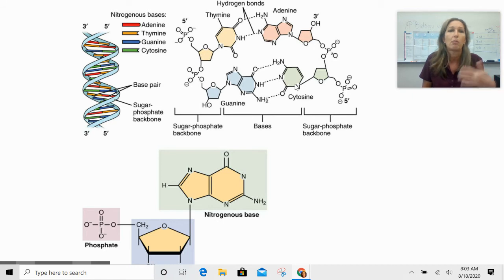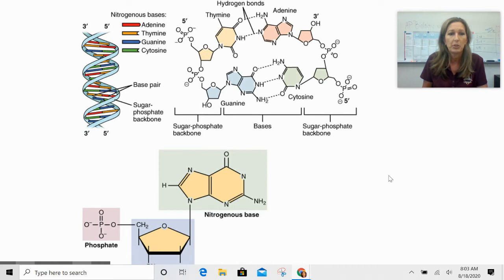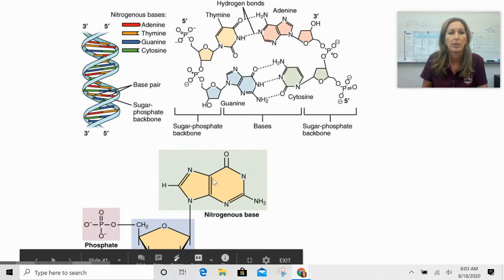And this is what gives us our base pairing rules. So even when we're doing transcription and translation, it is these hydrogen bond interactions with complementary bases that actually allow for that to happen. So remember, the three parts to a nucleotide are a phosphate, a pentose sugar, and a nitrogenous base.